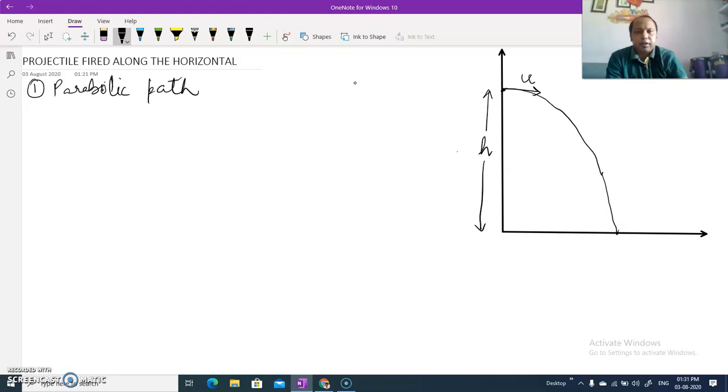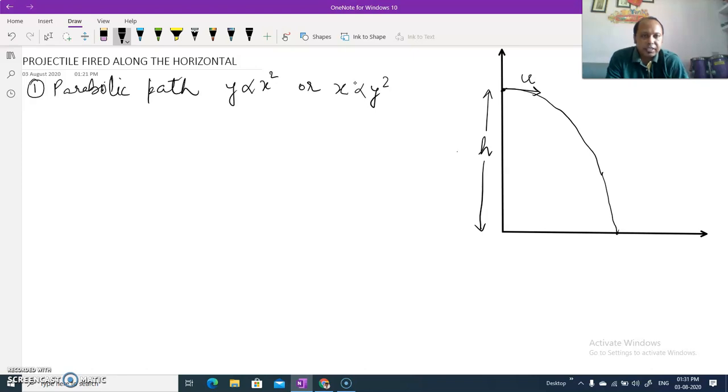The equation for a parabolic curve is y is directly proportional to x square, or we can also write x is directly proportional to y square. So now to prove that the path or the trajectory is parabolic, we have to prove either y is directly proportional to x square or x is directly proportional to y square.